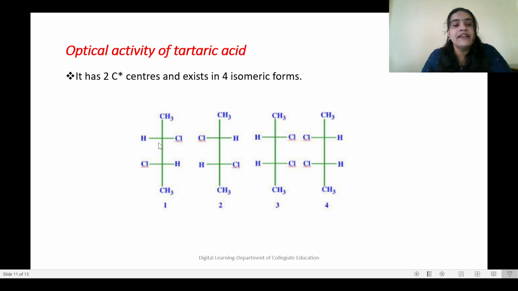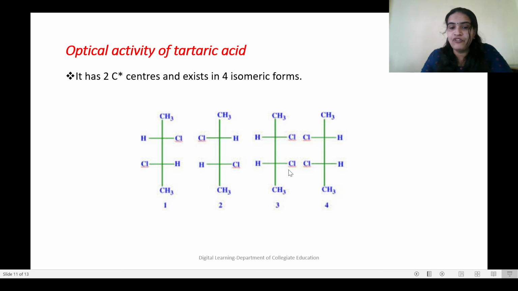And also, if you find out the configuration of the first and second chiral carbon, you can say in structure 1, the first carbon will have R configuration and the second will have S configuration, whereas in 2, the first will have S configuration and in the other one it will be R configuration.